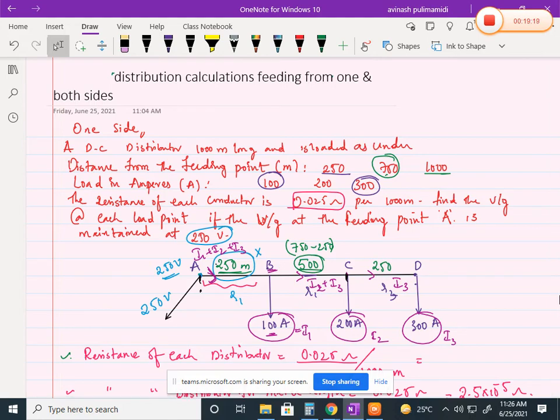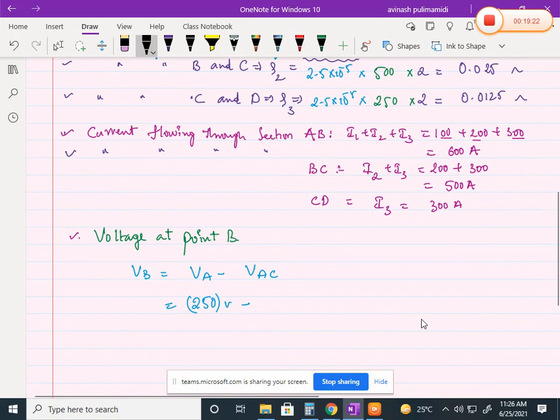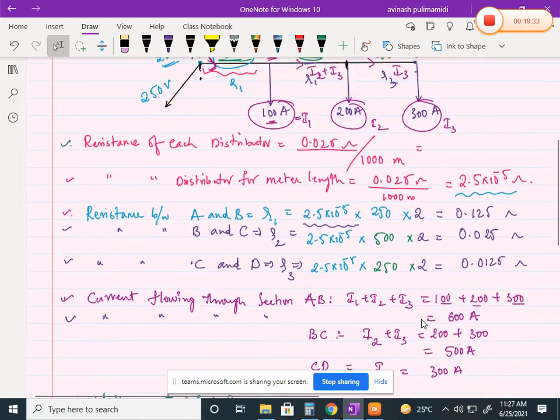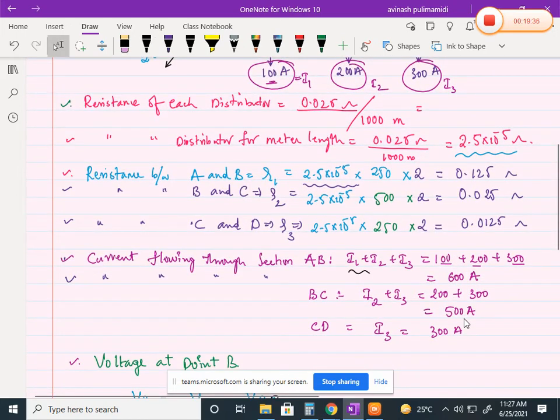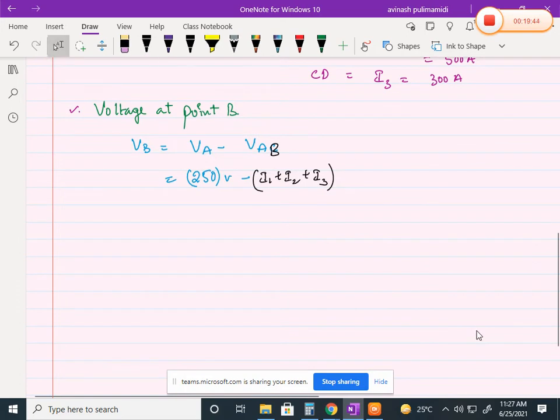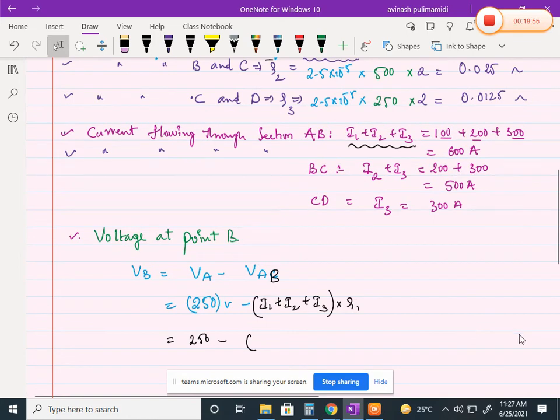Sorry, I have written VAC here; it should be VAB. What is the current flowing here? I1 plus I2 plus I3 is the total current flowing in the branch. Yes or no? And what is the resistance in branch AB? It is R1. Apply KVL, apply Ohm's law here. Simple. So 250 minus the total current here, 600.